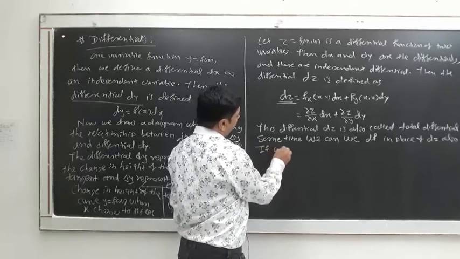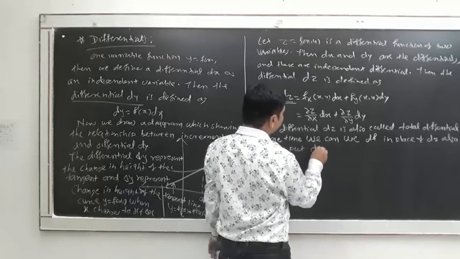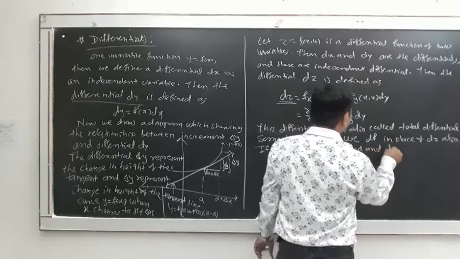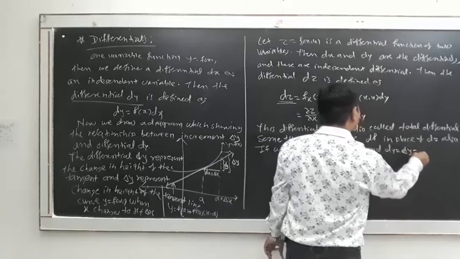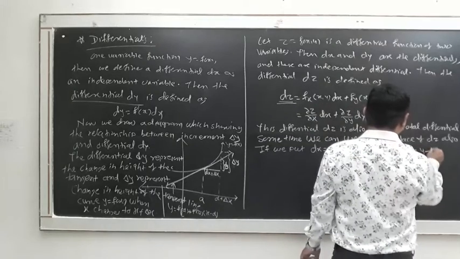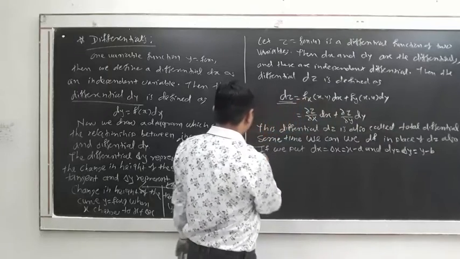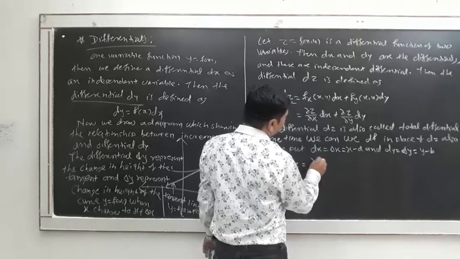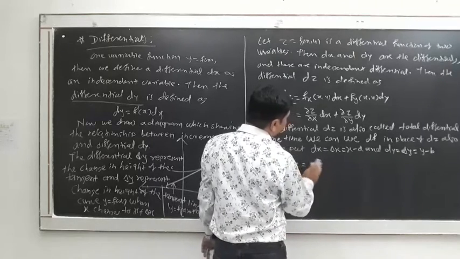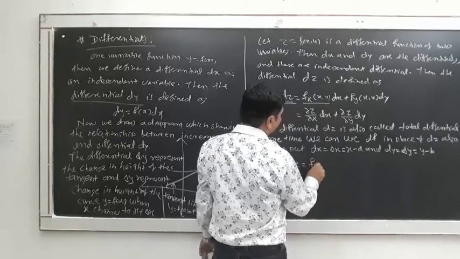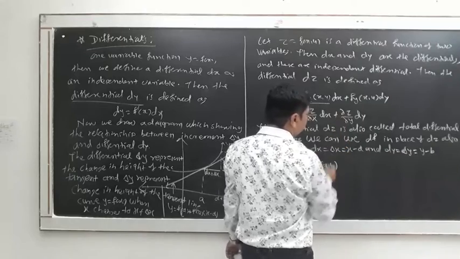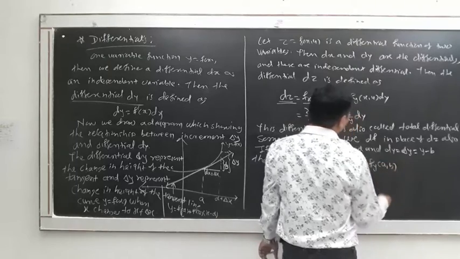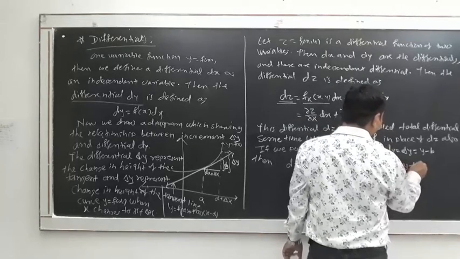If we put dx is equal to delta x is equal to x minus a, and dy is equal to delta y is equal to y minus b, then we can say this dz is equal to dou z by dou x, or we can write fx at a b, times x minus a, plus fy at a b, times y minus b.